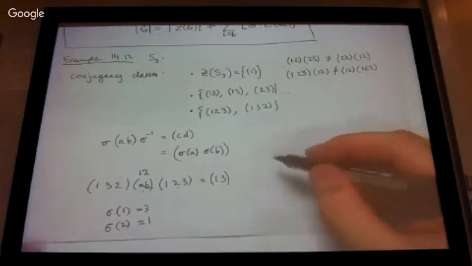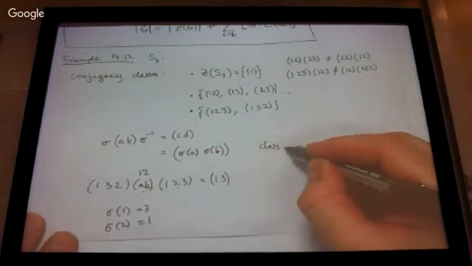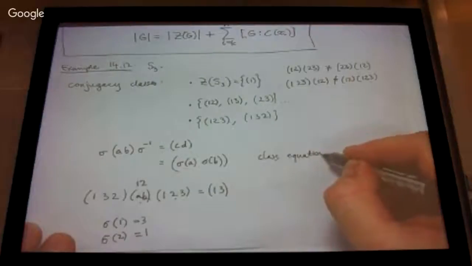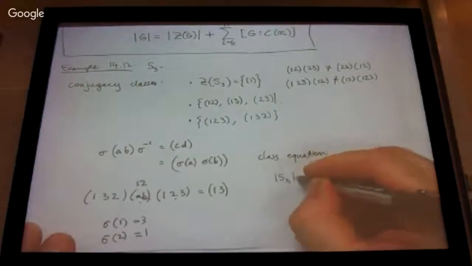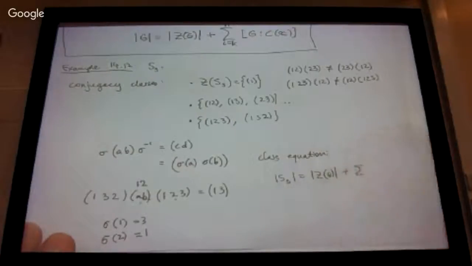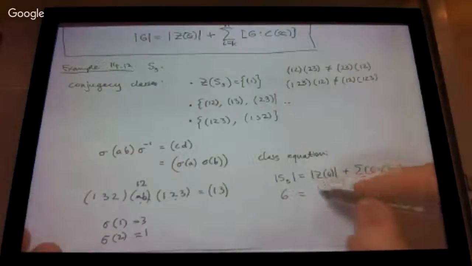Okay, so the class equation, that's this one. There it is. The order of S3 is 6. The center, we said, is only one element.